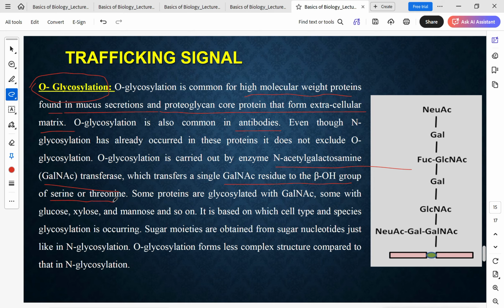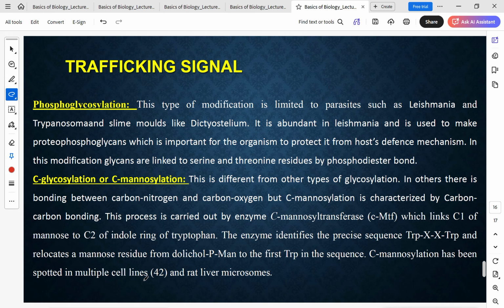Some proteins are glycosylated with GalNAc, some with glucose, xylose and mannose and so on, but the addition occurs on that beta OH group of serine or threonine. O-glycosylation forms less complex structures compared to N-glycosylation, but that happens after N-glycosylation has happened.